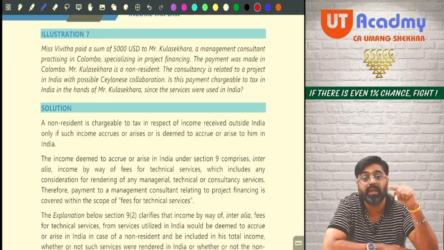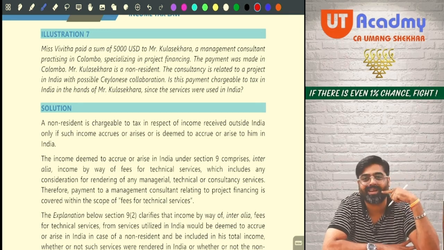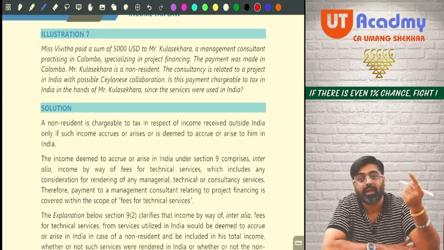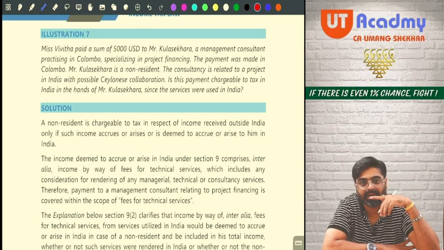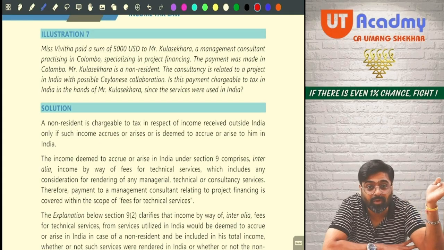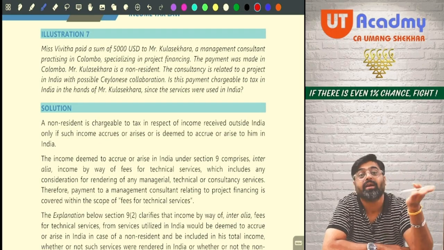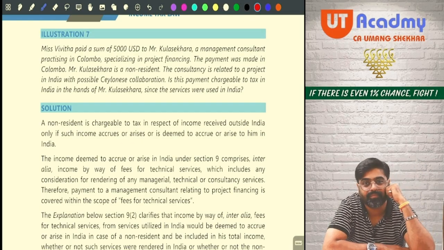That means he received this income outside India. So who is the assessee? Mr. Kulshekara. He is receiving income, and his income is received outside India. Understanding? Now, Mr. Kulshekara is non-resident also. A non-resident receiving income outside India.